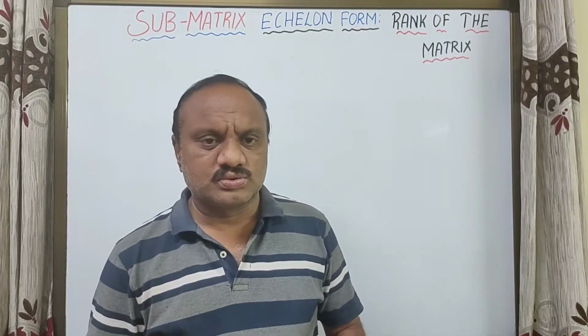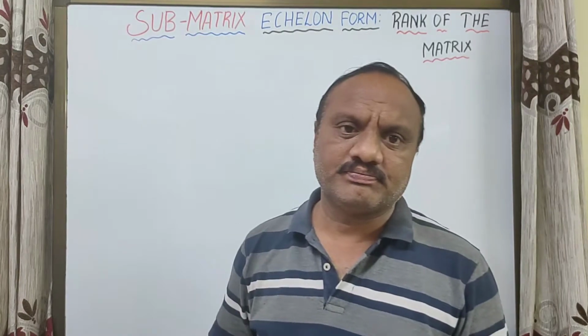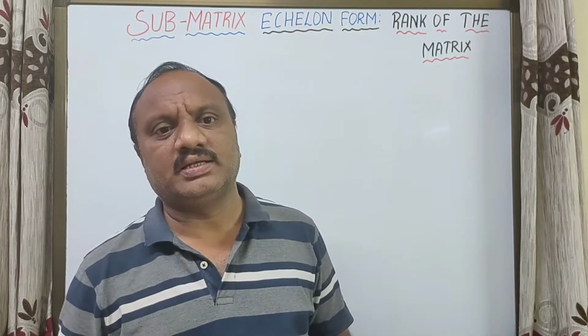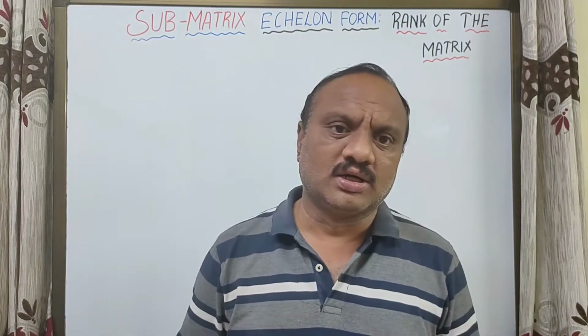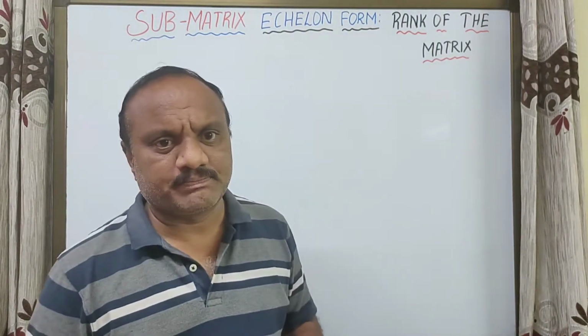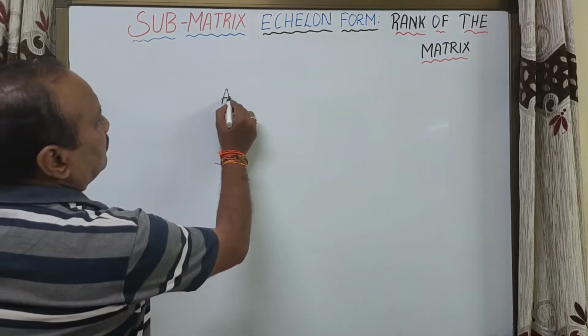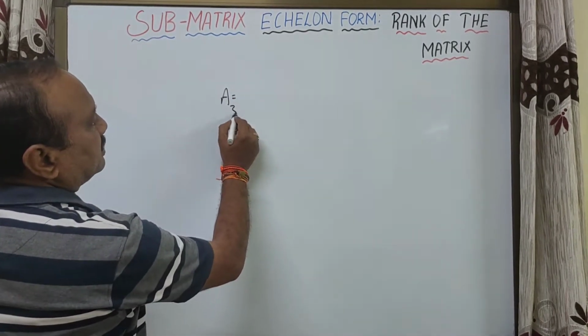Now we discuss submatrix, echelon form and rank of the matrix. What is the submatrix? See, let us take a matrix A. It has some rows and columns.